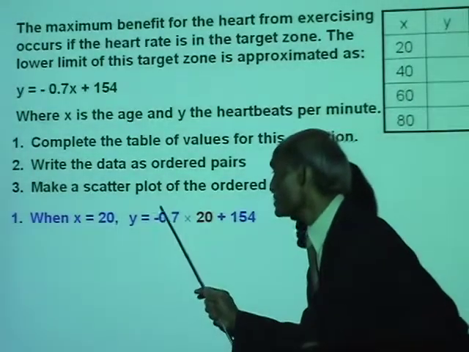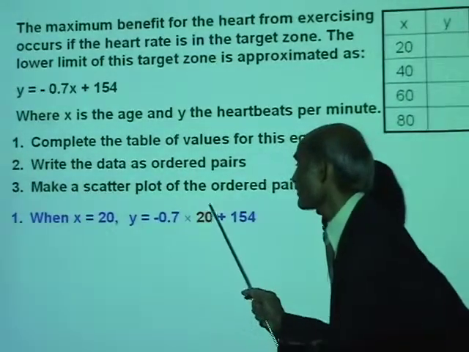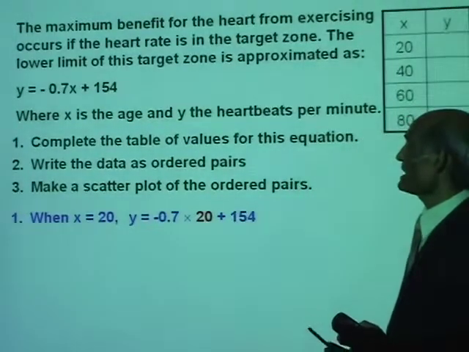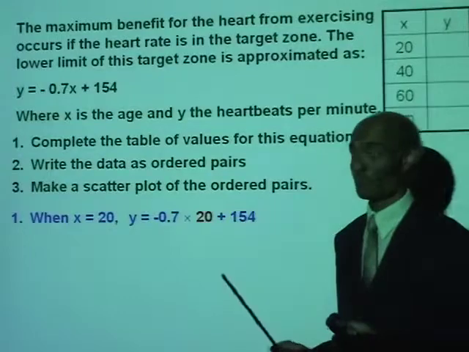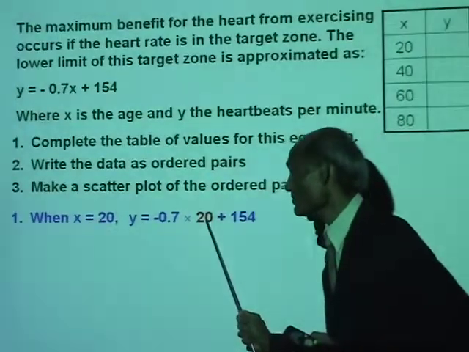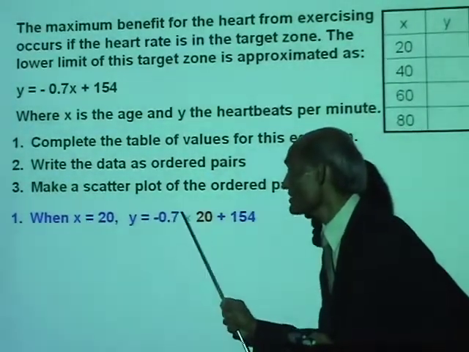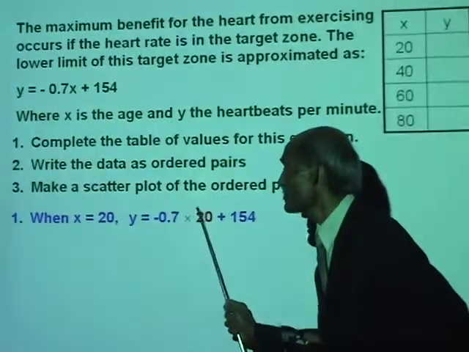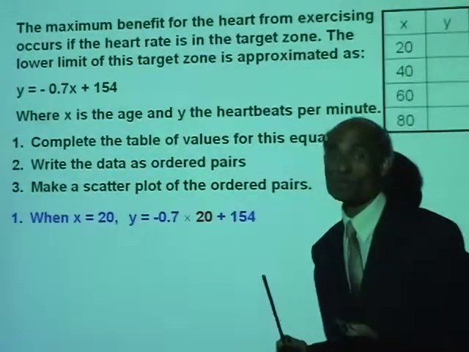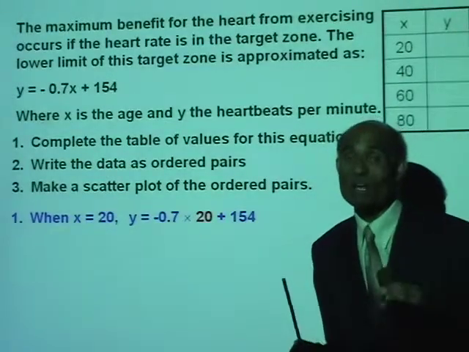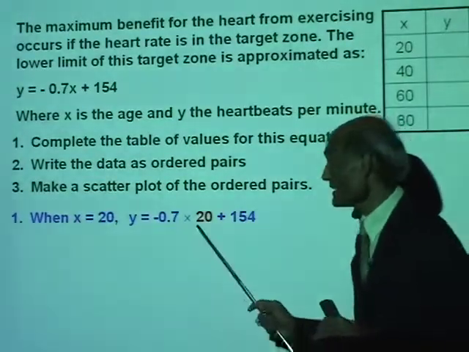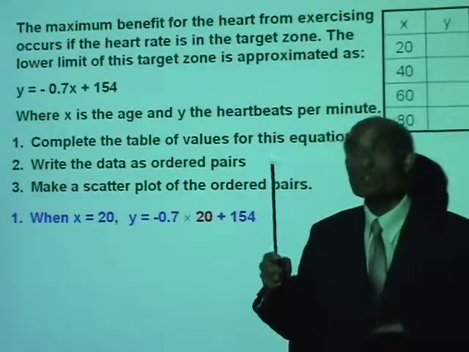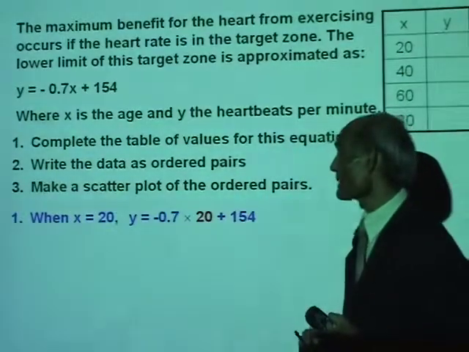Well, how many of you can tell me without a lot of effort, what is negative 0.7 times 20? Well, if you have difficulty multiplying 0.7 multiplied by 20, to do that, just multiply 20 by 7. 20 by 7 is 140, is that right? But there is 1 decimal in the multiplication, so you need to move the decimal 1 place to the left.